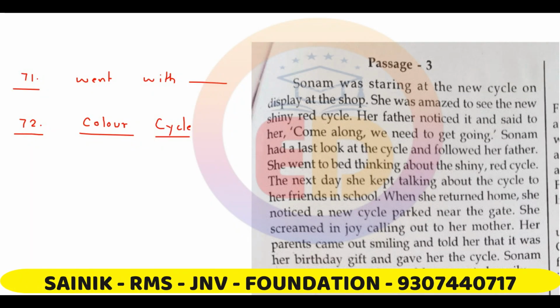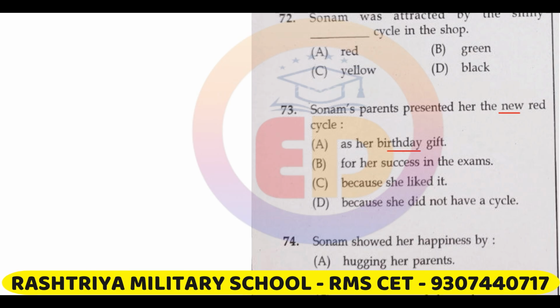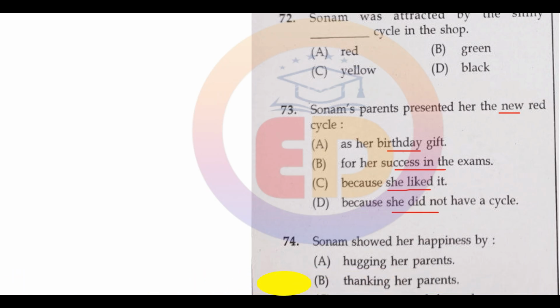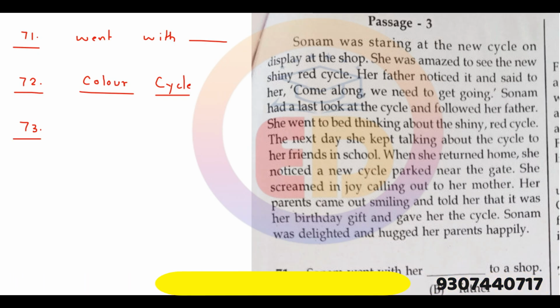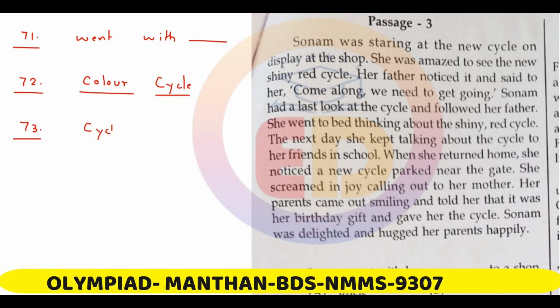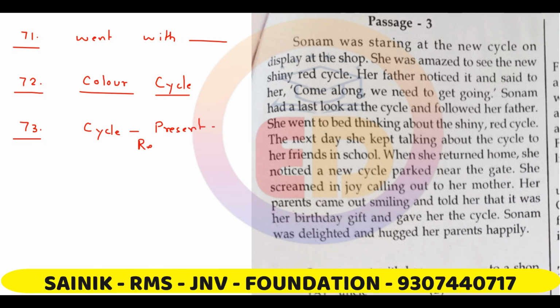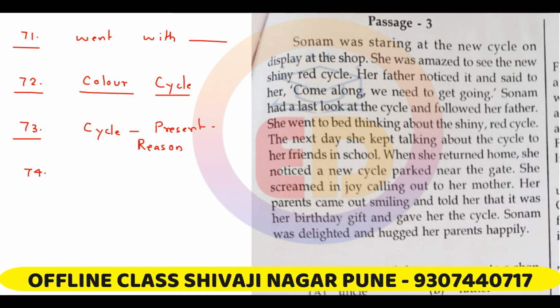Question number 73. Sonam's parents presented her the new and red cycle as birthday gift for her success in the exam because she liked it, because she did not have a cycle. So the reason for presenting the cycle. 74.